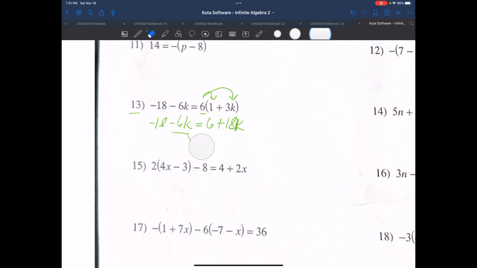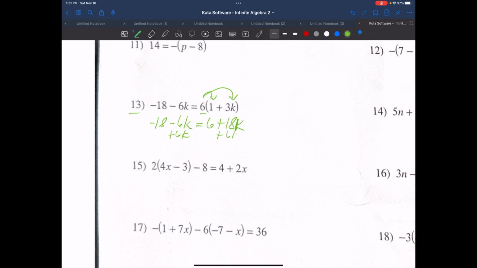Okay, so how are we going to do that? We have to do the inverse operation of what's happening, and the operation that's happening on this side is what is it? It's subtraction between the 18 and the 6k. Let me undo these things. All right, so let's go plus 6k.